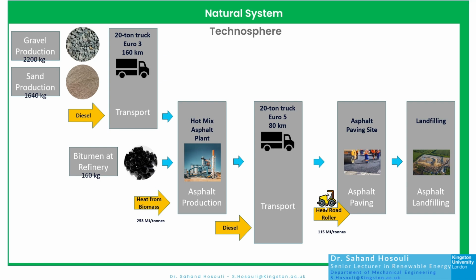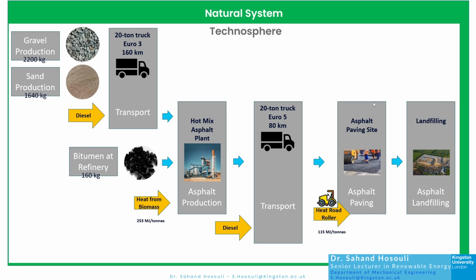The other way is to look for, for example, the diesel consumption of these road roller machines, then look for the heat capacity or heat content of this diesel, and then transfer it to the amount of energy based on those factors. But in our case, it's a simpler way. We have 115 megajoule per tons because of the heat road roller that's going to be needed in the site.